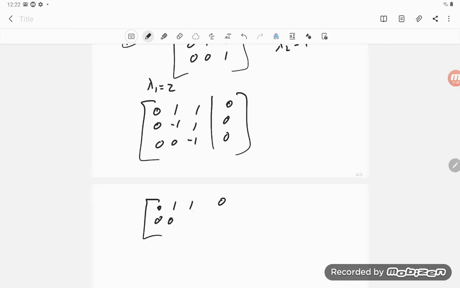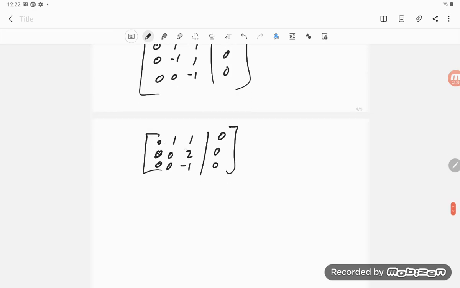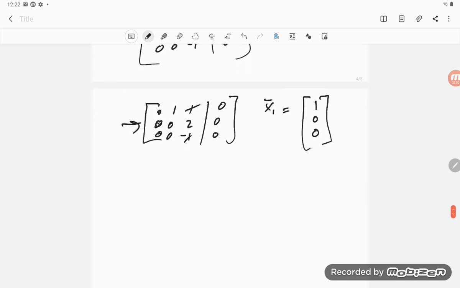And I get 0, 0, 2, 0, and 0, 0, negative 1, 0. And so once again, what you see is that 2, I can turn it into a 1, and I can get rid of that, and I can get rid of that, make them zeros. And so I get that same x1 is equal to the vector 1, 0, 0. Okay, because again, that first component can be anything, but the other two are 0.